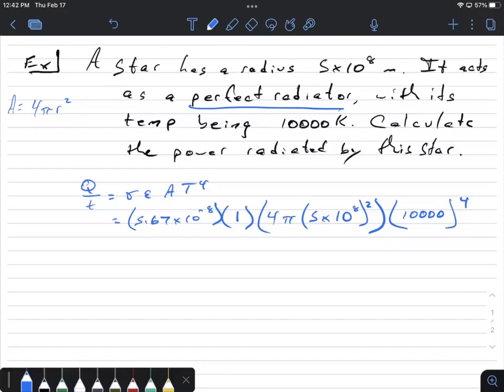Then I multiply it by 4 and then by pi. Then I multiply it by 10,000 raised to the fourth power, and then by 5.67 times 10 to the minus 8. And I get 1.78 times 10 to the 27th watts.